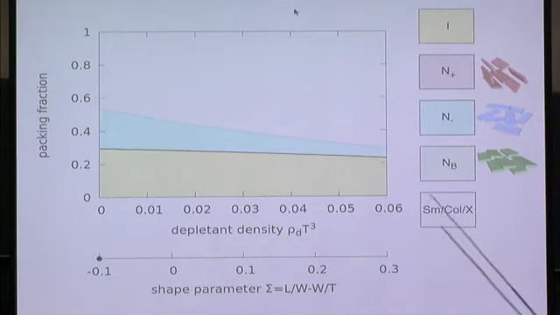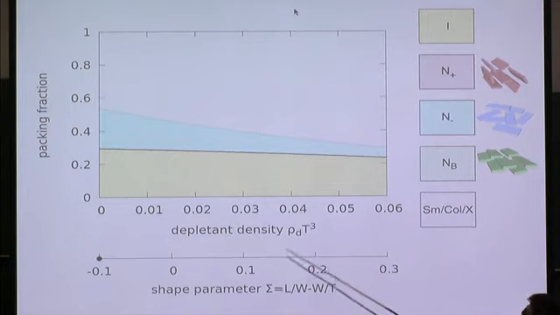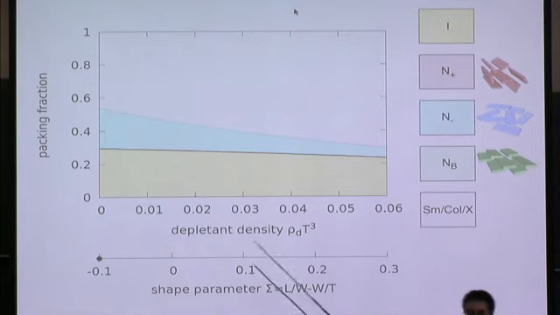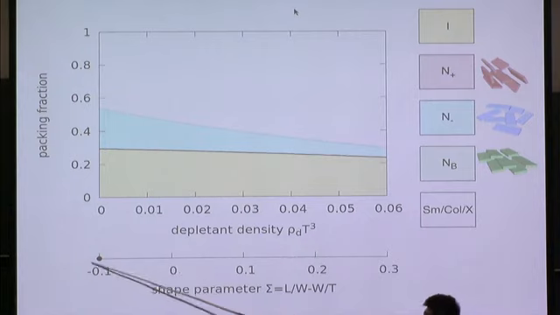And we analyze this phase diagram, showing again the isotropic phase, the uniaxial phases and the biaxial nematic, as a function of the shape parameter of the board-like particles, how much the particles are rod-like or plate-like. So we start from a negative value of the shape parameter.